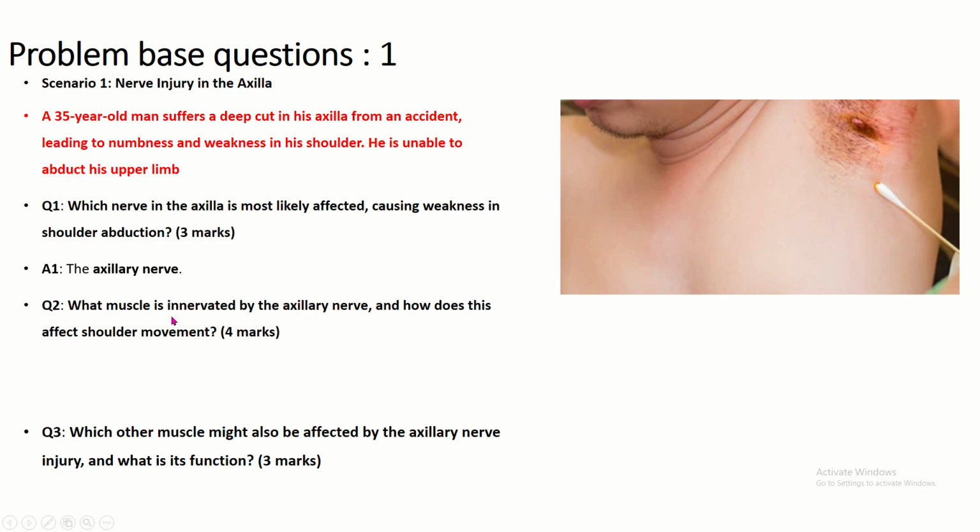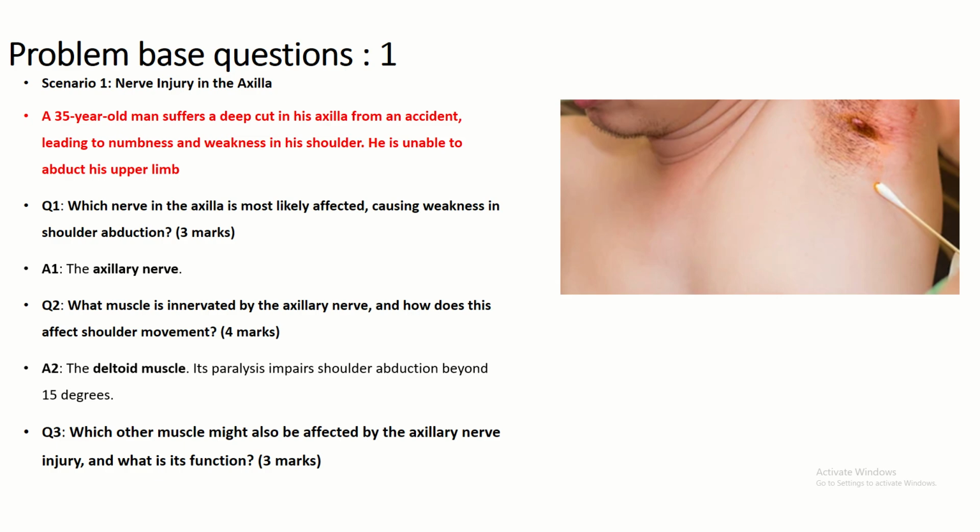Axillary nerve. Which muscle is innervated by it? How does this affect shoulder movement? Deltoid; paralysis impairs shoulder abduction beyond 15 degrees.